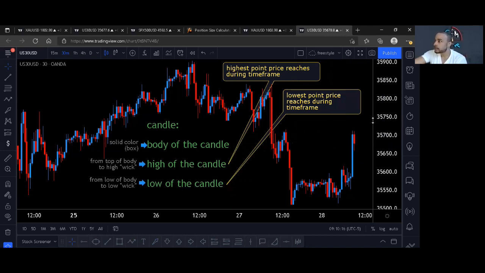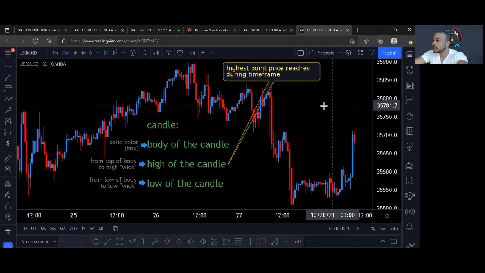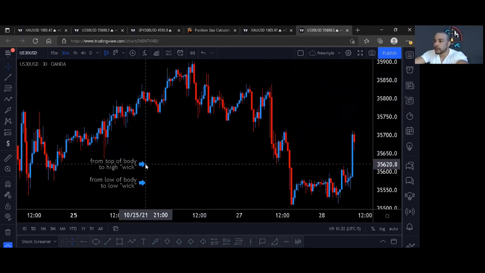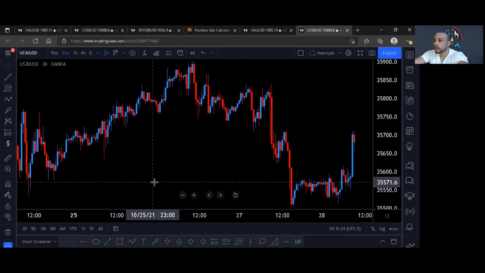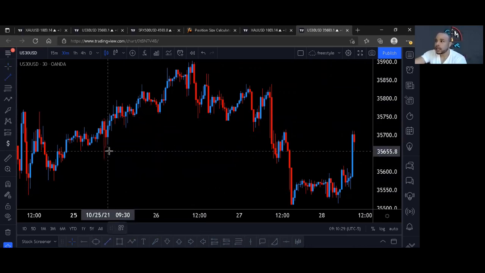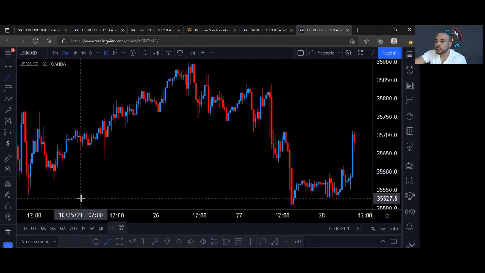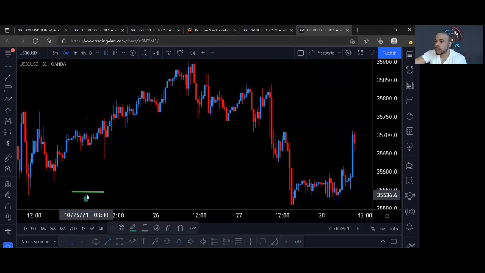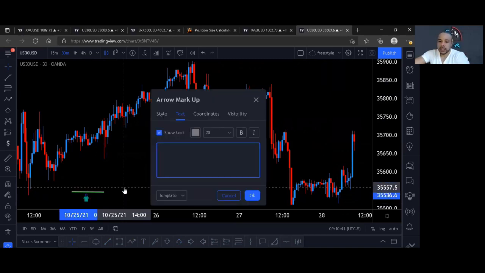So let's go ahead and delete some of this stuff. Now let's get this set up. I want to use this right here. This is going to represent the open of the candle.